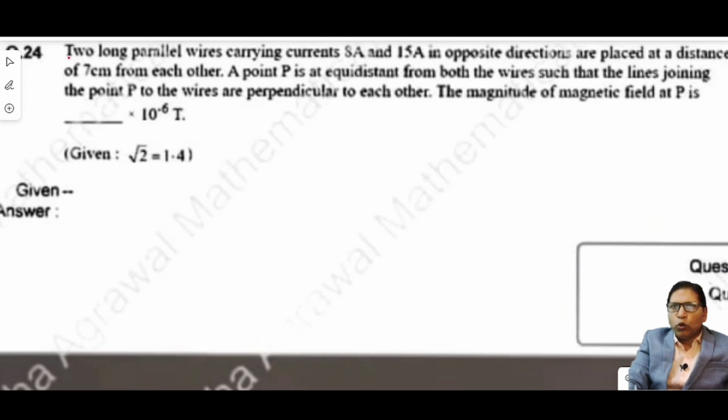Look at these two long parallel wires carrying currents 8 ampere and 5 ampere in opposite directions, placed at a distance of 7 centimeter from each other. A point P is equidistant from both the wires such that the lines joining the point P to the wires are perpendicular to each other.